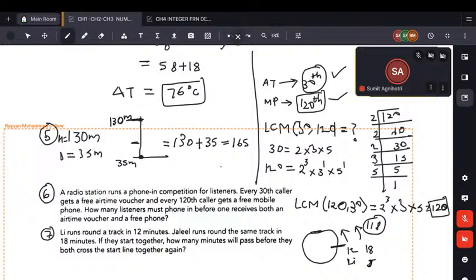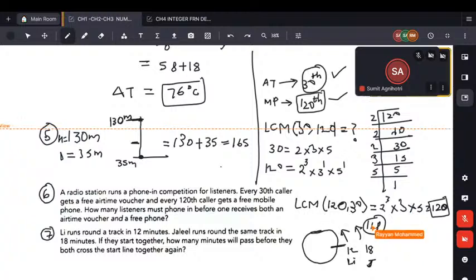If they both start together, how many minutes will pass before they both cross the start line together again? When will they meet again?